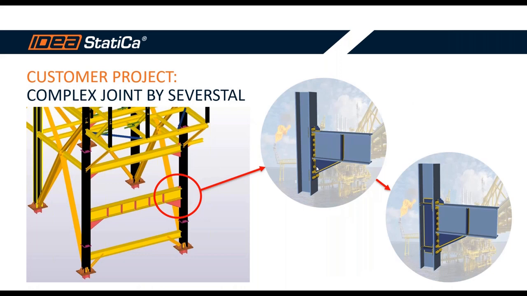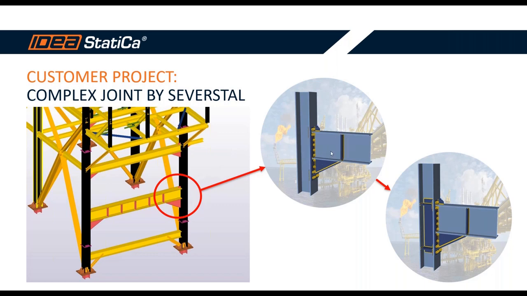Now let's take a closer look at the first project. Company Severstal created this connection in Tekla Structures. They took advantage of beam links, and the connection was exported to IDEA StatiCa.